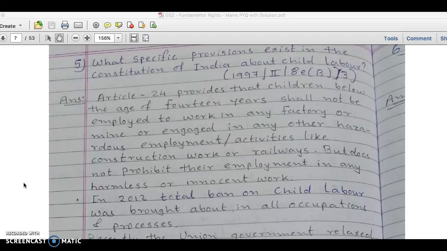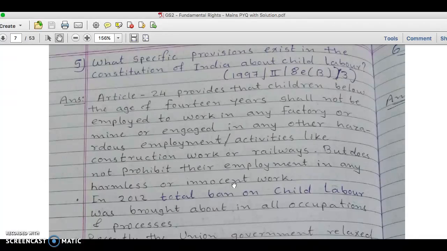In that part we also added one more thing, that is children. Article 24 provides that children below the age of 14 years shall not be employed to work in any factory or mine or engaged in any other hazardous employment or activities like construction work or railways, but it does not prohibit their employment in any harmless or innocent work.